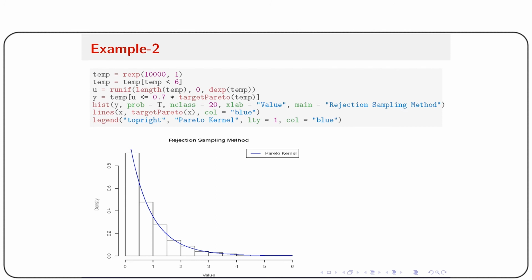In class we can assign 20, the xlab values, and main we can write rejection sampling method, and we'll again superimpose the line by the target Pareto of x in blue color, and then legend at the top right we can write Pareto kernel indicates. So that's how you can assign the legend over there. So it's showing that there is a nice fit.